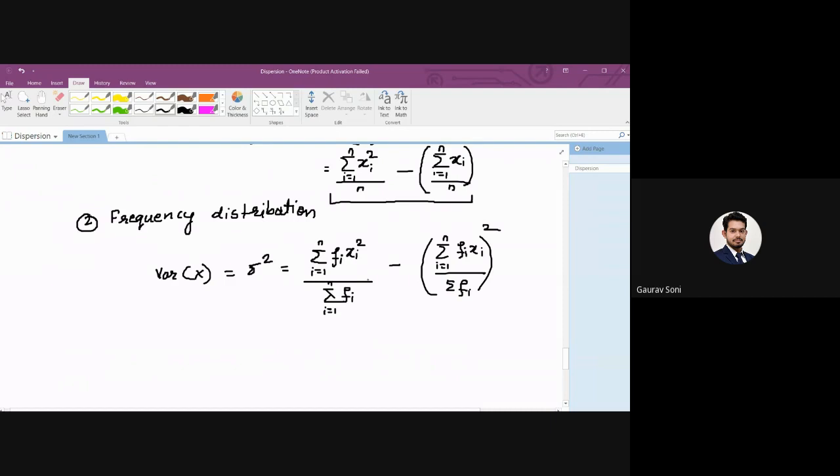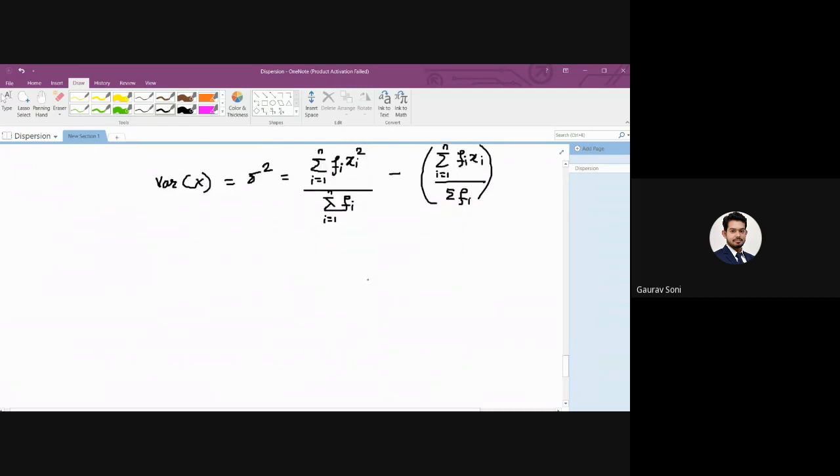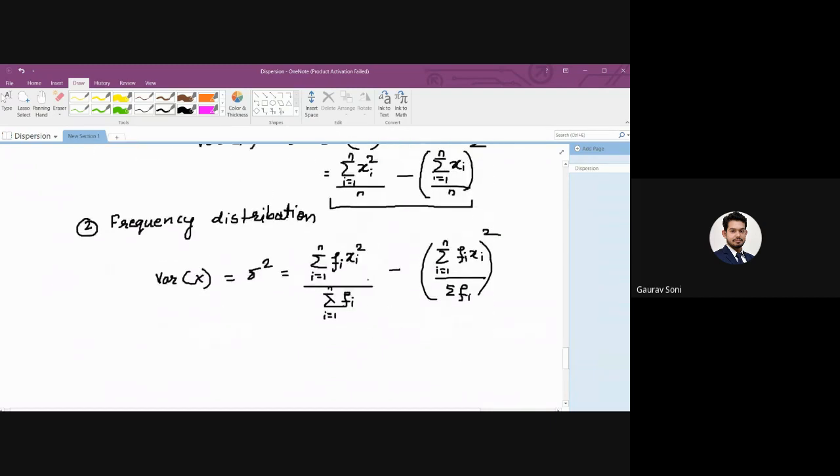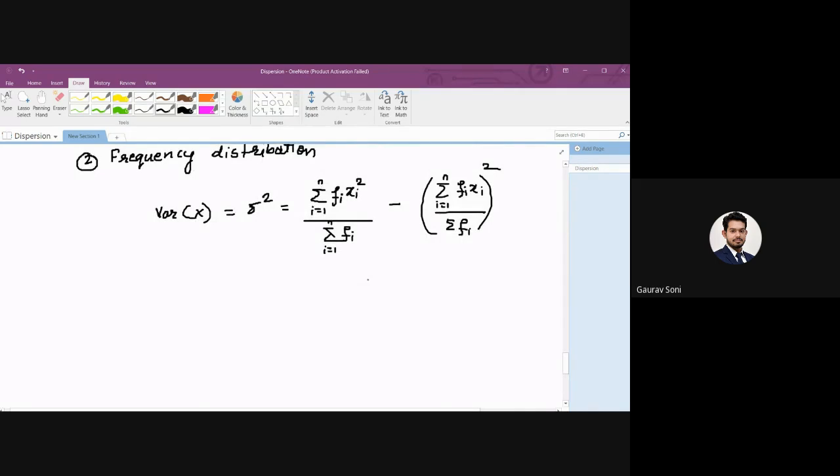Fine. So why are we finding this? Once we have all these formulas, what we are concentrating on is the coefficient of variation, a very important concept here. All the things that we have done earlier are for finding the coefficient of variation. And why do we find the coefficient of variation?